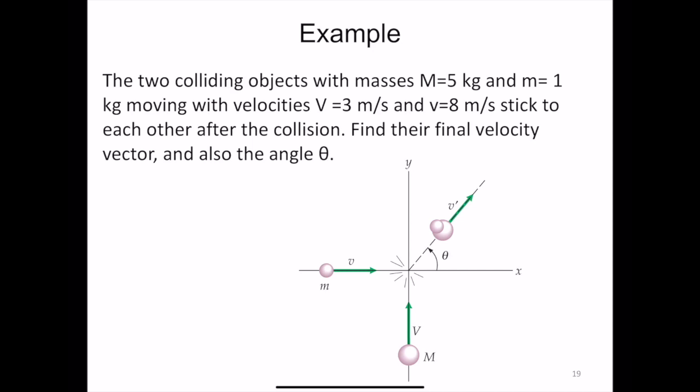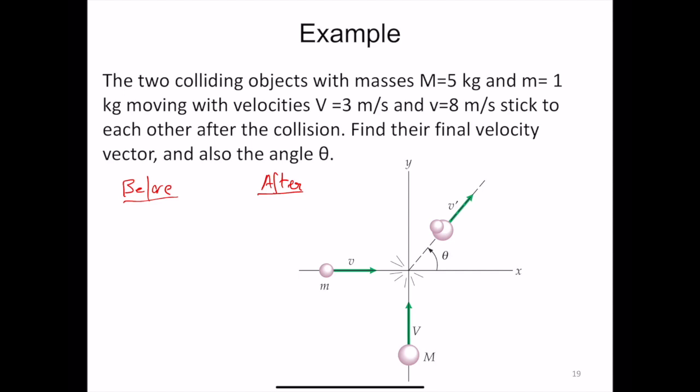Okay, so this is a collision, so the total momentum before will be equal to the total momentum after. Can you tell me what kind of collision this is? The answer is it's a completely inelastic collision because the two masses stick together after the collision, right? So let's apply conservation of momentum.